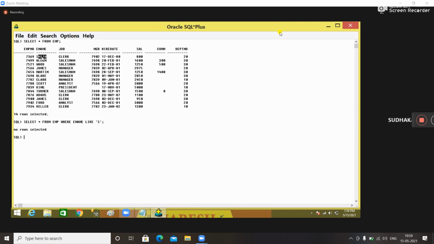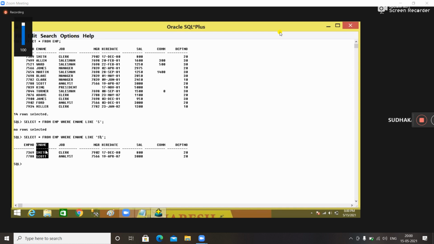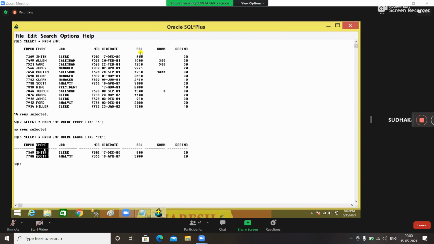How to represent the remaining group of characters? By using the percentile. So that's what we want to do: use percentile and close. And now we can see the E names Smith and Scott. So this is the information we got.